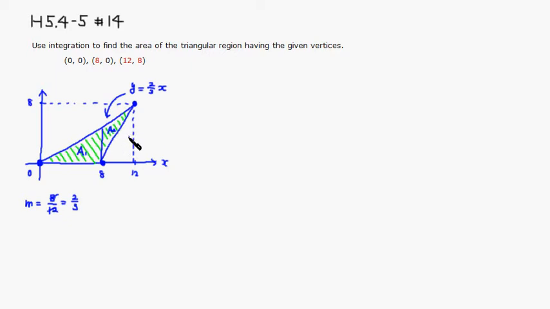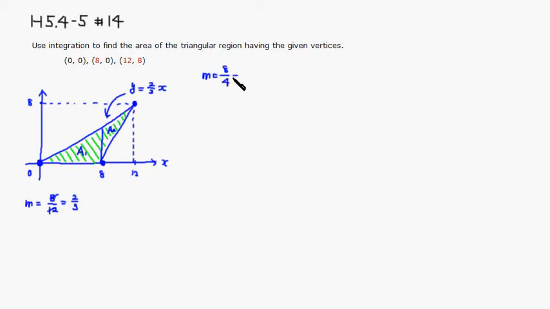And for this other line, the slope m is going to be rise 8 over run, which is 12 minus 8, so 4.